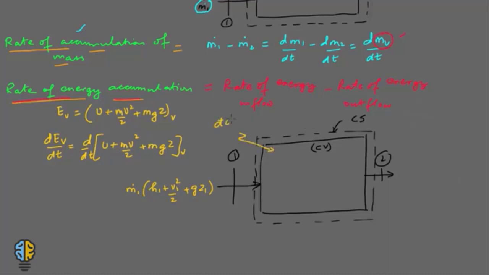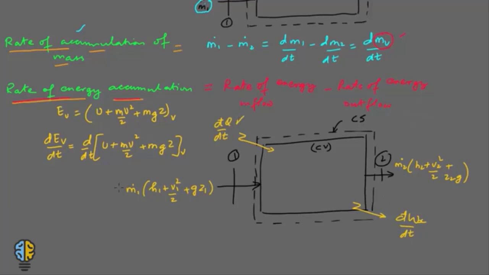The rate of heat influx is d dash q by dt. Now you will have some work outflow, let us say some shaft work, which is dwx by dt, and the energy outflow, which is m2 dot into h2 plus v2 square by 2 plus z2 into g.